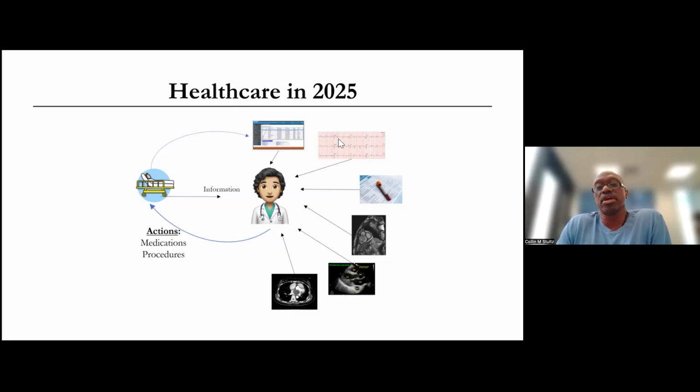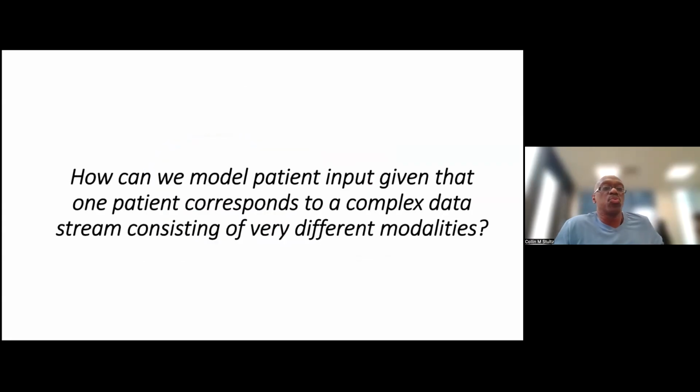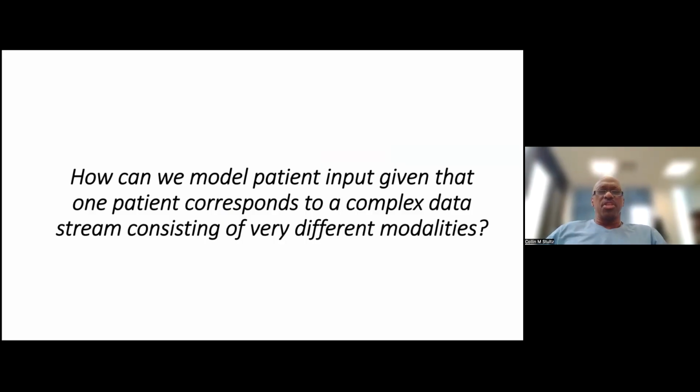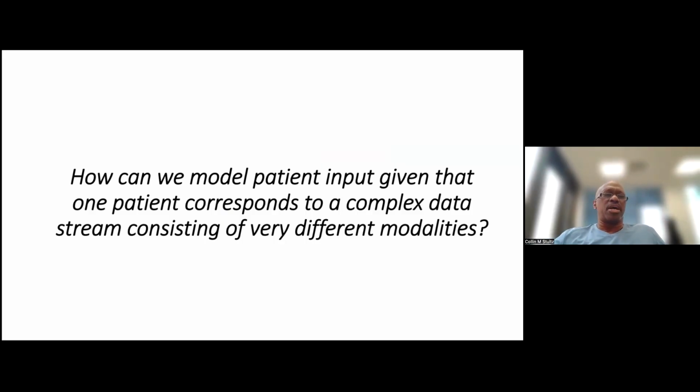We have the electrocardiogram, the signal that has a sampling rate on the order of several hundred hertz, lab values, MRI scans, ultrasound studies, CT scans, all that the clinician can use. And so the issue is, how can we model patient data given this complexity and given the fact that these modalities have different levels of information content and different resolutions?